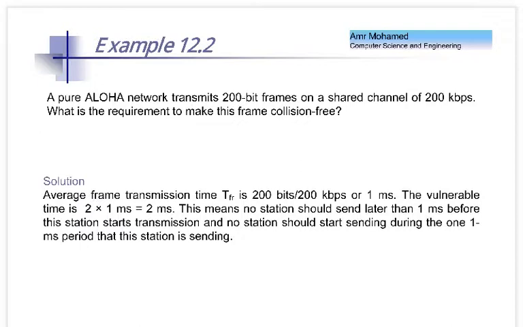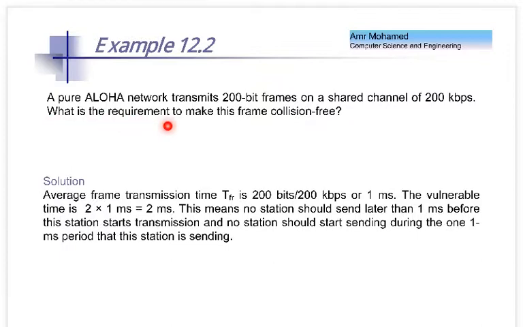Any node can spend a time equal to this value divided by this value, which gives the transmission time to send a frame of length 200 bits on a medium with 200 kilobits per second bandwidth.